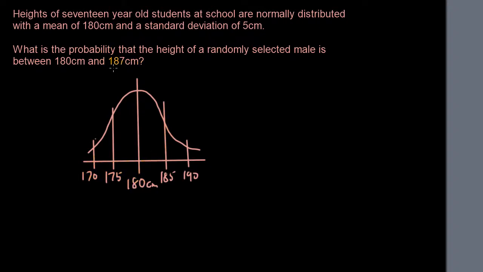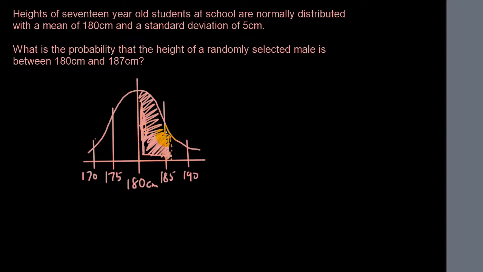So it says, what is the probability that the height of a randomly selected male is between 180 and 187 centimeters? So that would be between 180 and 187, which is somewhere around here. We want to find this area under the curve, okay?